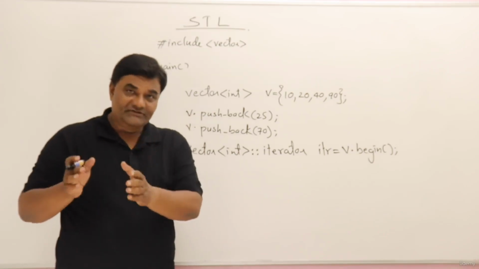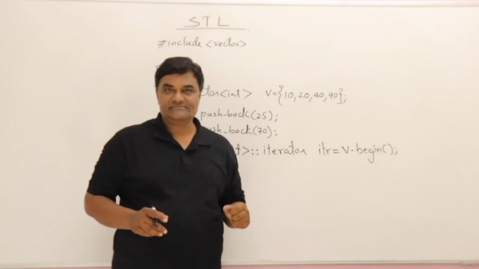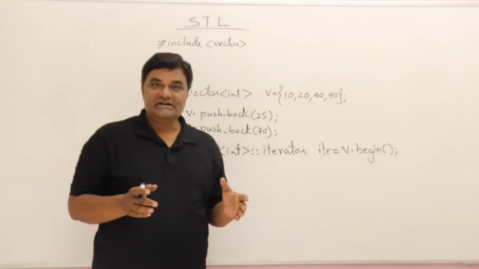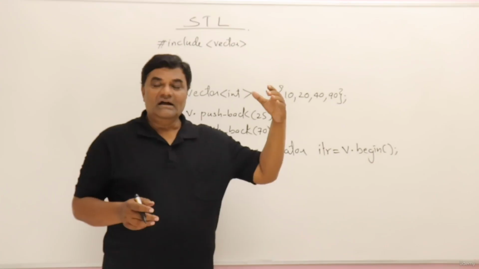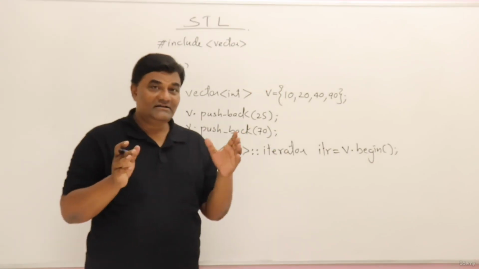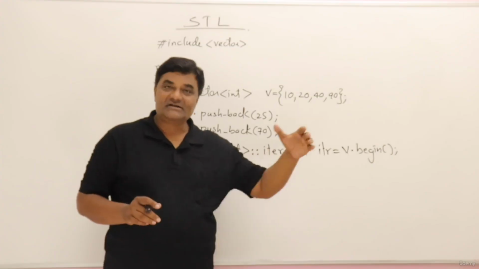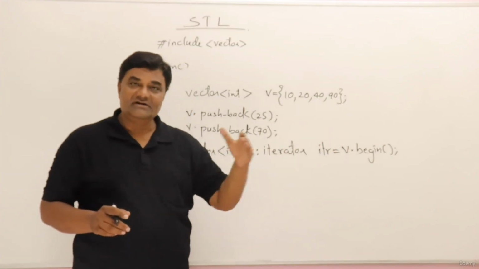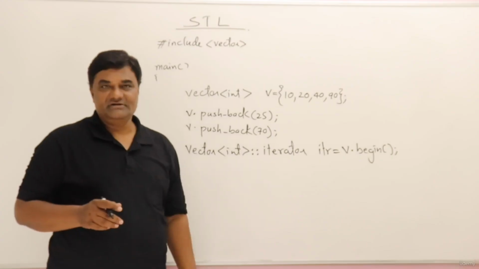Begin gives the starting of the collection and end function gives the end of the collection. And there are similar functions, rbegin and rend, which help in traversing a collection from the rear end. So reverse traversing is possible.